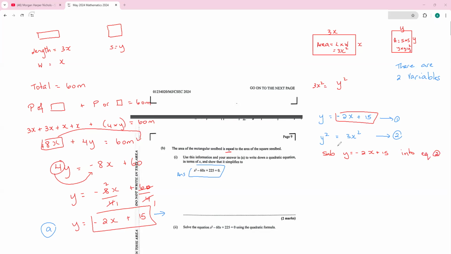Right? So you see where you have y here. We know that y is negative 2x plus 15. So we're going to replace y. So instead of having y there, I'm going to put what y is. So instead of having y here, I'll put negative 2x plus 15 squared. Because remember, this was y, but we substituted what it is instead. Is equal to 3x squared.